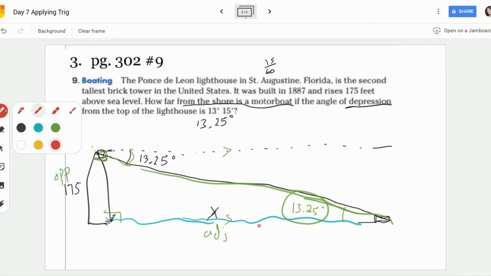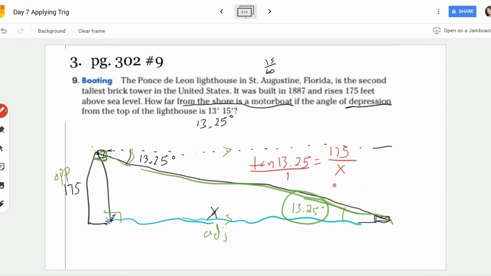You have to use tangent because this is opposite and adjacent. So tangent of 13.25 is 175 over x. And then cross multiply and solve.